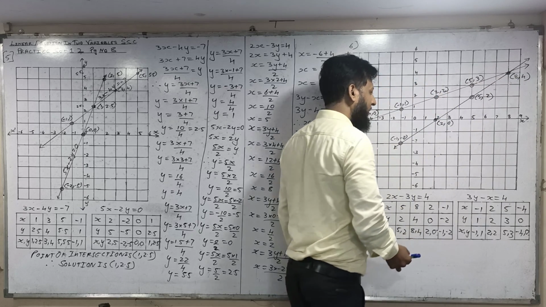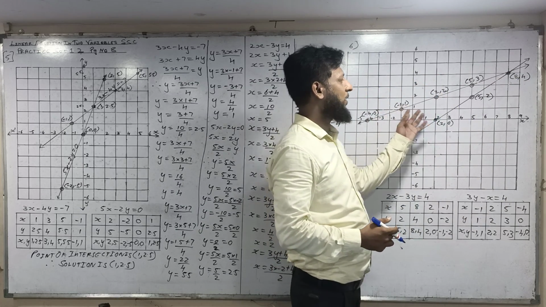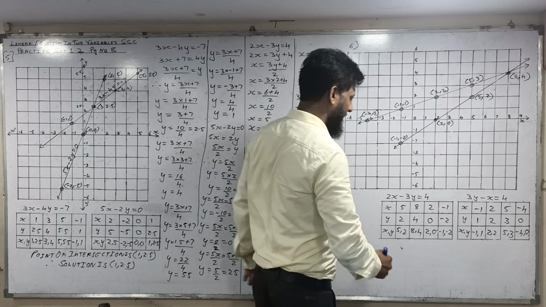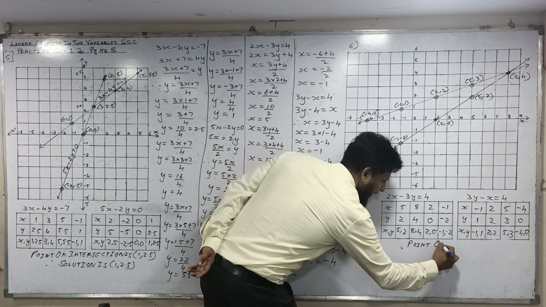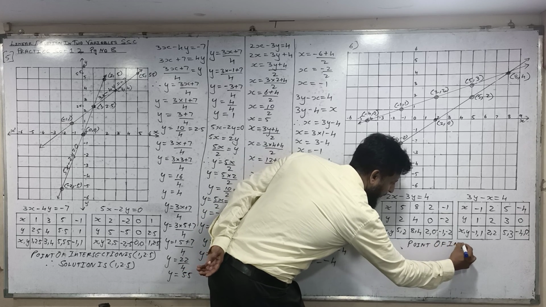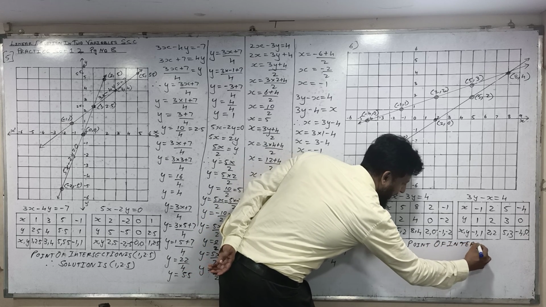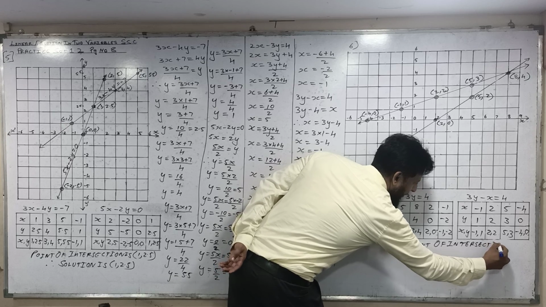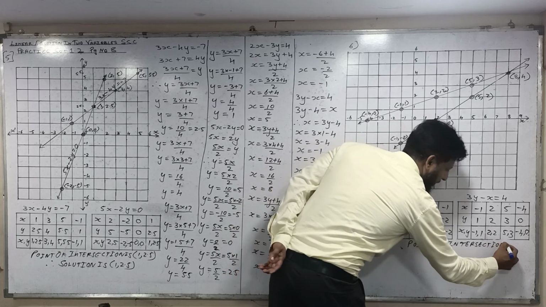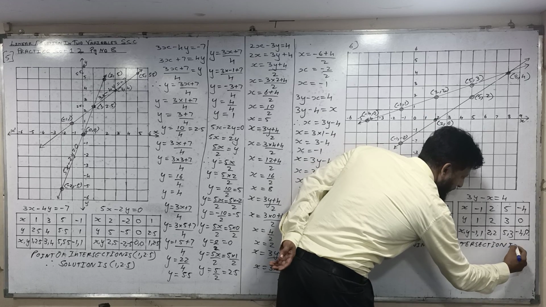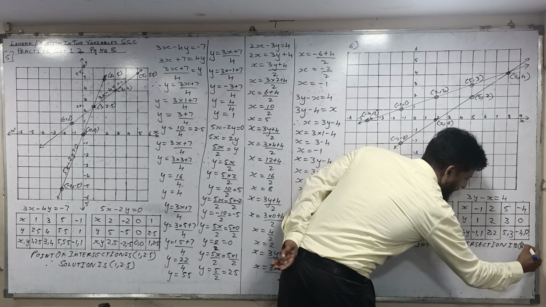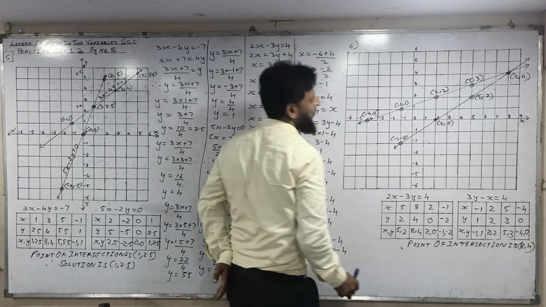We have already written it. These lines have a point of intersection at x value 8 and y value 4.